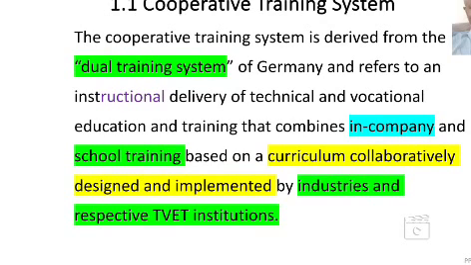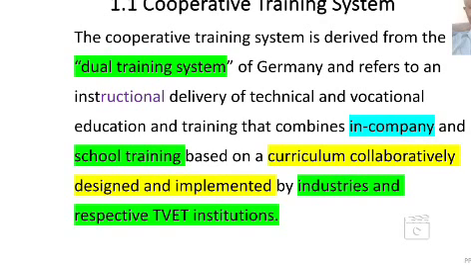When we talk about employment, those who employ them are known as employers, or we can call them organizations, enterprises, or industry in general. So the industry is concerned with this training, and the training institution is also concerned with this training. Because they have a common goal, they have to work cooperatively.